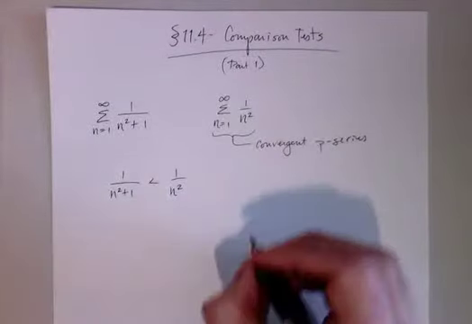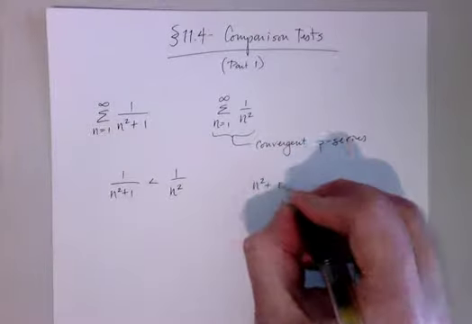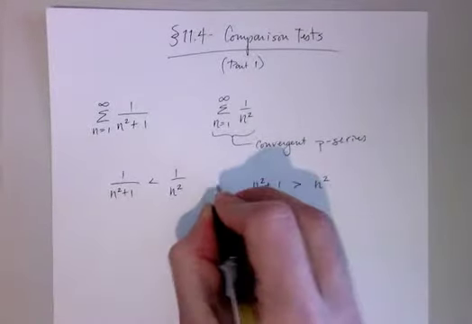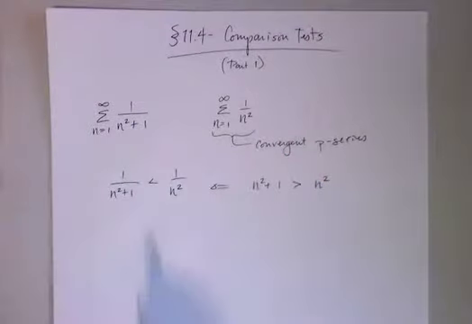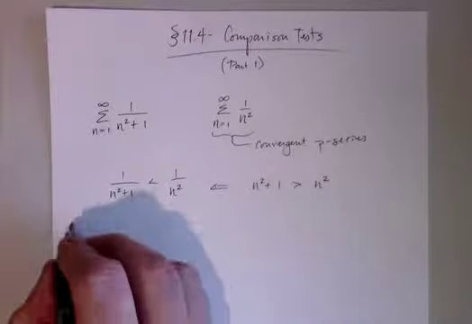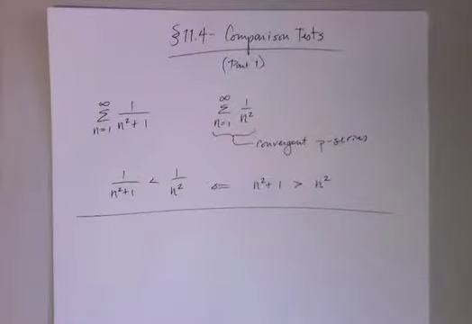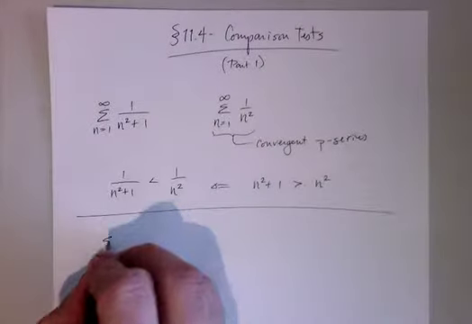Another way you could say it is n squared plus 1 is always larger than n squared, so when you flip it over, it winds up being the opposite relationship, okay? And so it works the other way too. If you just need to find something that is a little bit larger than a known divergent series, let's look at an example of that.